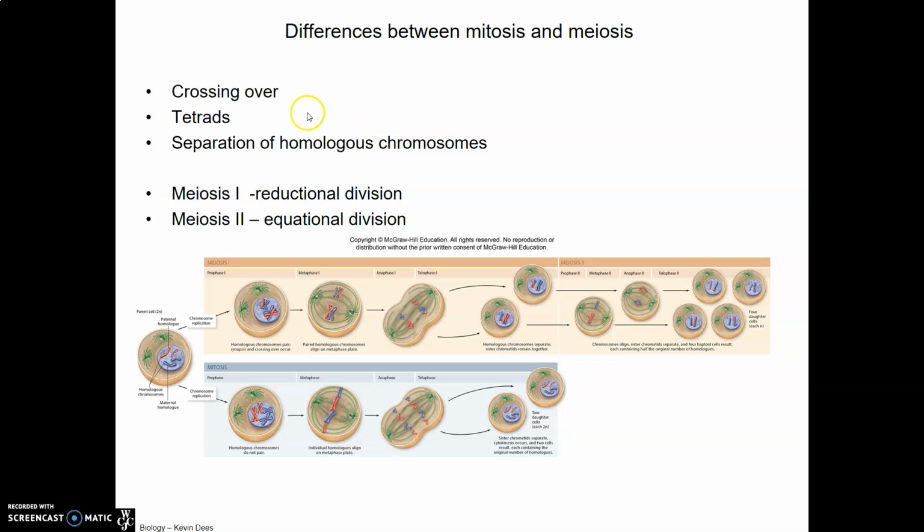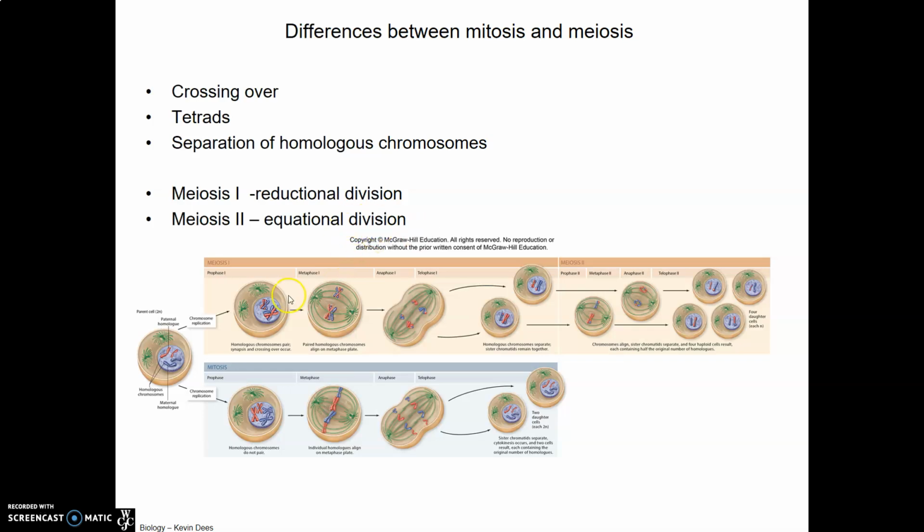Now, this last slide here is just a good slide for you to review that summarizes all of this stuff. It also compares and contrasts mitosis and meiosis. Recall that crossing over using these tetrads occurs during meiosis. And during anaphase 1, this is where we see the homologous chromosomes separate.